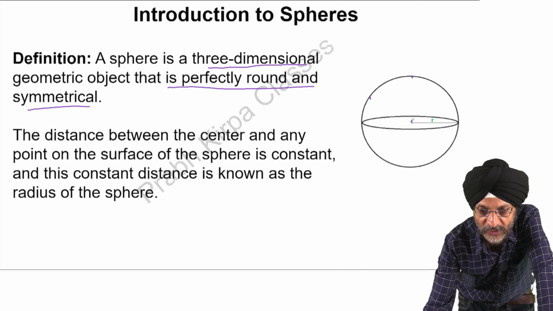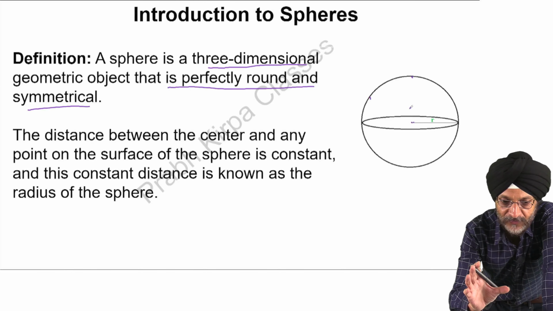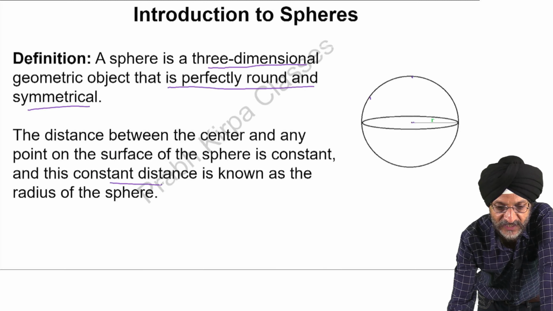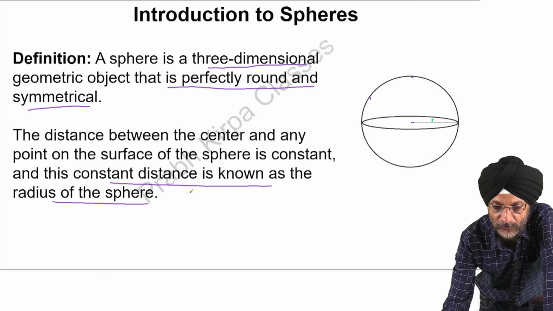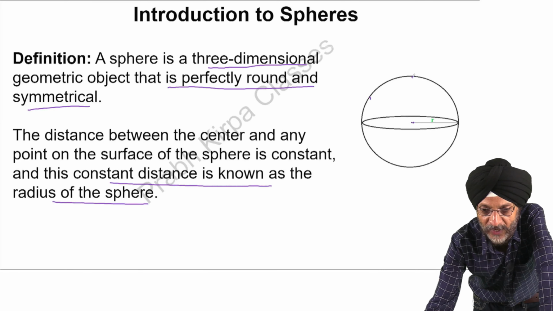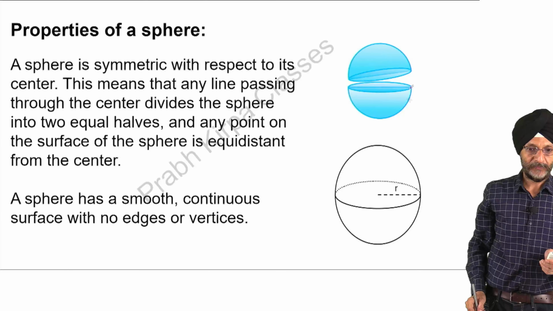From this point to this point or this point to this point, the distance is the same, and this constant distance is known as the radius of the sphere. This is the radius of the sphere. If we join this line to this point, this will also be known as the radius of the sphere.